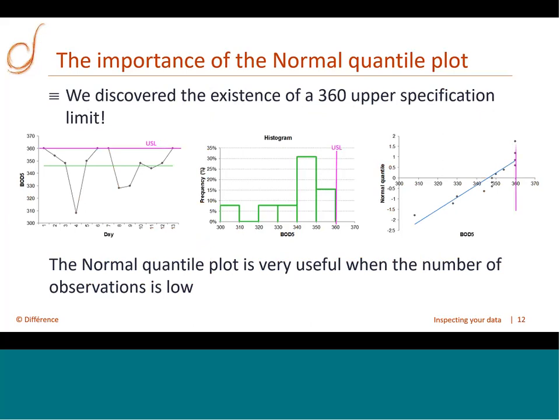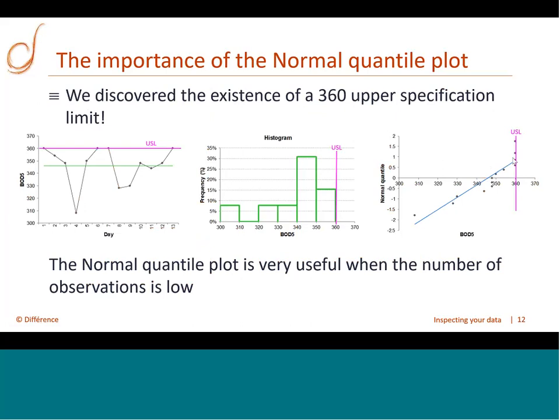So we added the spec to the graphs, and what we notice now is a strange phenomenon. The process stops at 360. We see the 4 data points on the normal quantile plot at the right being exactly at 360. So here it's probably also a case of cheating. So people probably obtained results above 360 and just entered the number 360 so they wouldn't be in trouble.